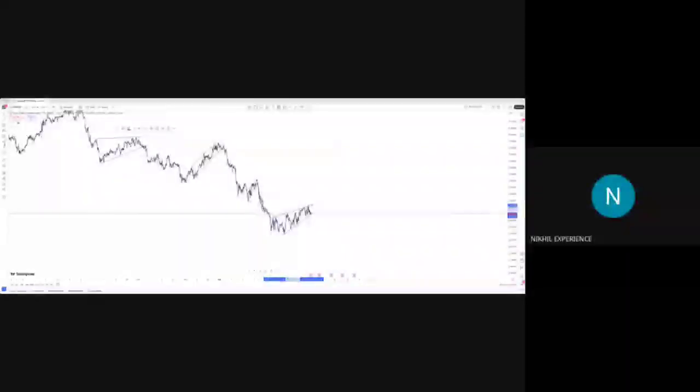So what should we be expecting based on what we've learned so far? Should be expecting price to break out to the downside, retest, and sell. And this should be our target right here. In fact, let me put it, since we are learning and practicing at the same time, so that I'll make sure I'm not teaching rubbish.